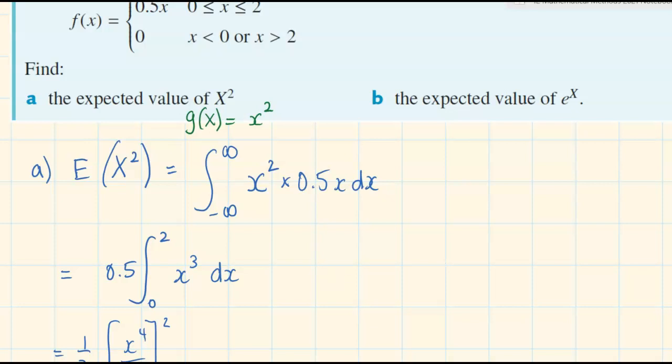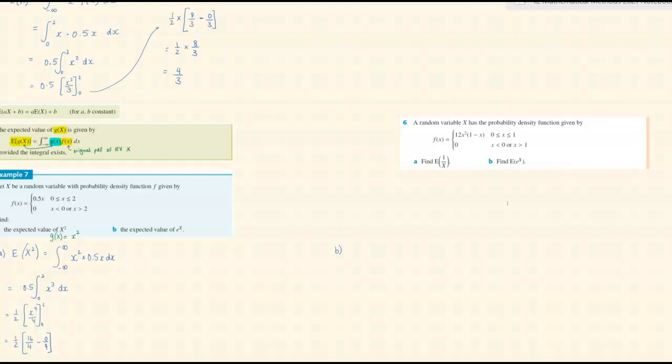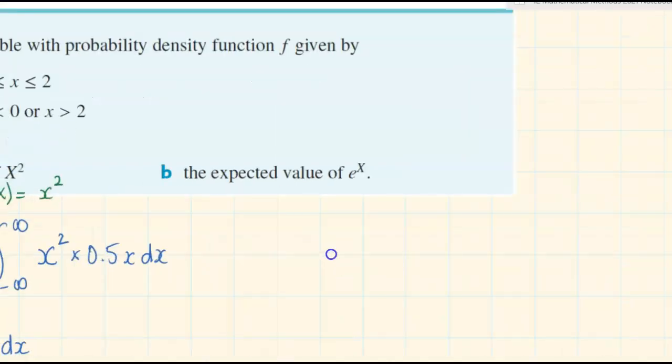All right, so the expected value of e to the continuous random variable x. When we have a continuous random variable and there's a function inside a function, so we can see our function, sorry, OneNote's having a little bit of fun with me. There we go.